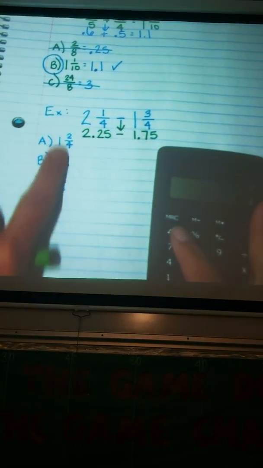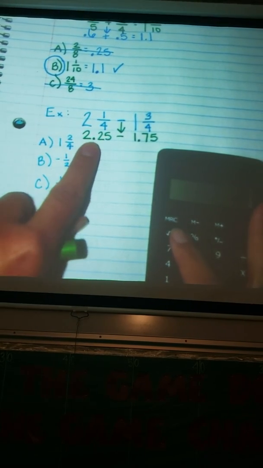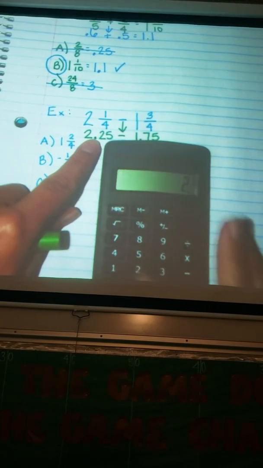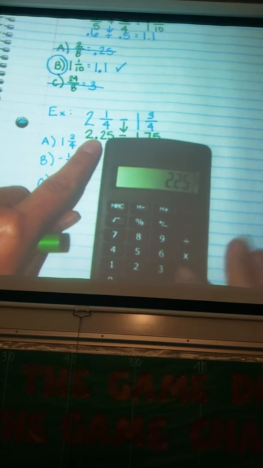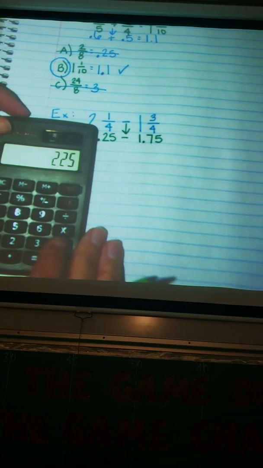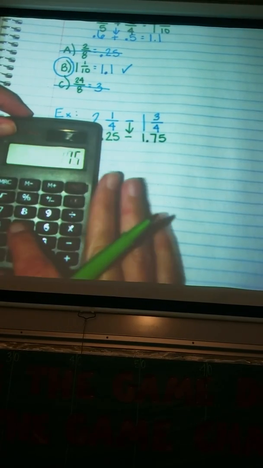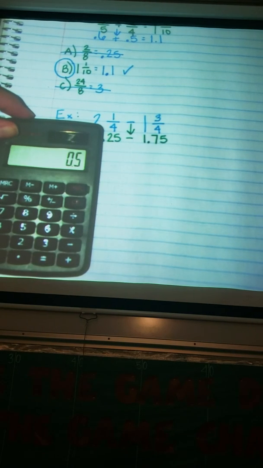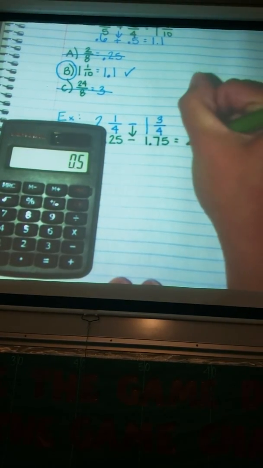We know we're going to have to come over here and convert, but we can do this right now. So we have 2.25 minus 1.75 equals. All right, so I know that this equals 0.5.